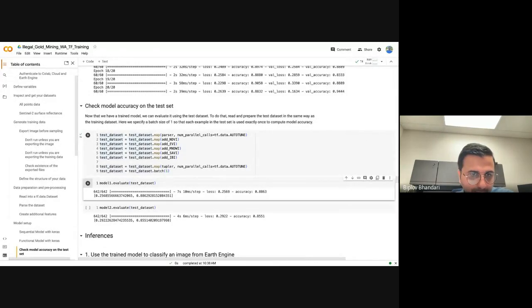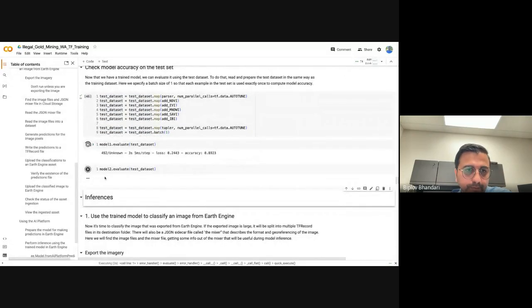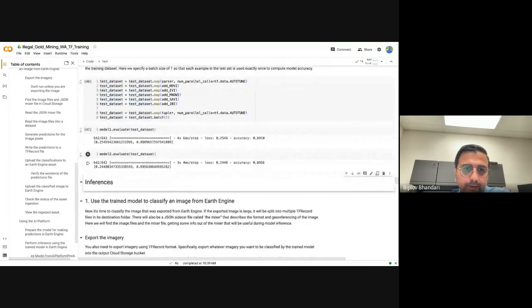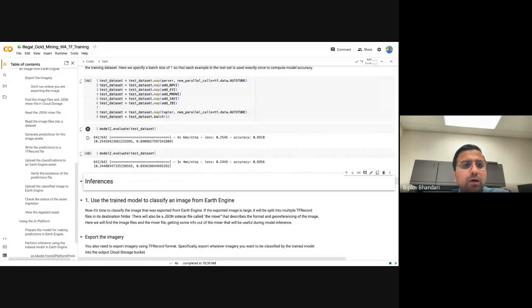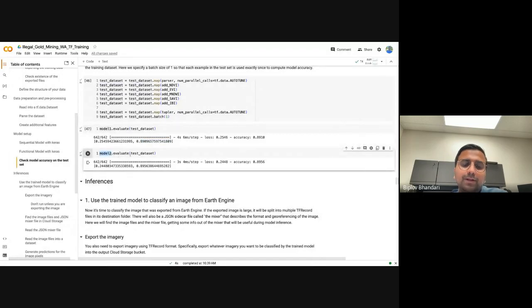And now let's evaluate our model 1 as well as model 2. Yeah, so we saw that model 1, which was a pretty simple model, has almost the same accuracy as model 2, which was a bit more complex model. So you just have to play with different model architectures. It's not always the case that the more complex a model you have, the better answer you'll get.